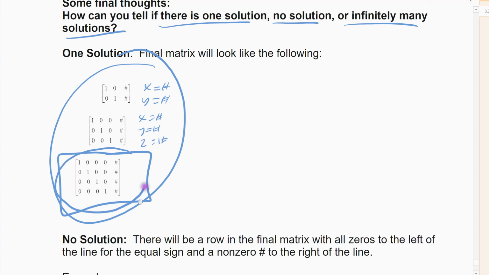And again, we didn't do 4 cases, but I just add a variable like t. I'd have an x equals a number, a y equals a number, a z equals a number, and a t equals a number. So whenever I get those nice diagonals of 1s, and then my constants, and those are the only numbers involved, it's the one solution case.